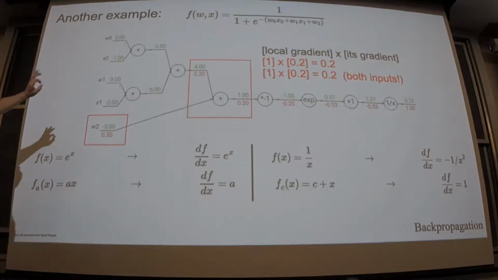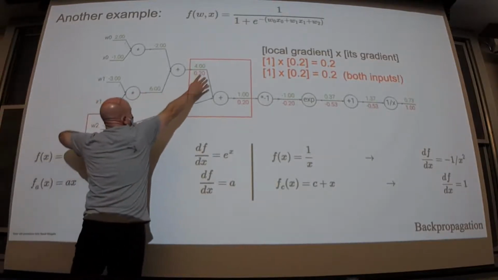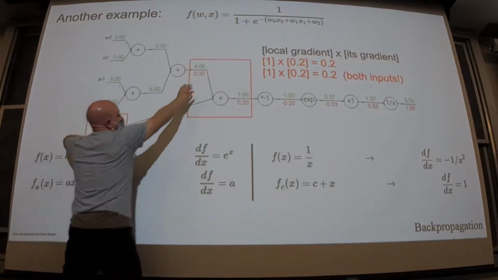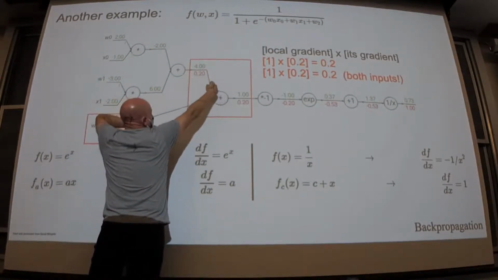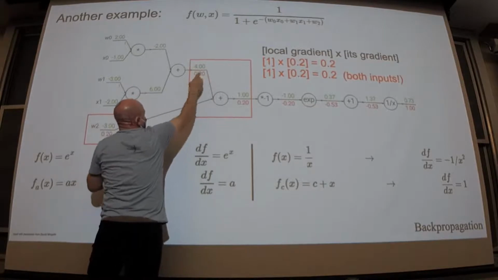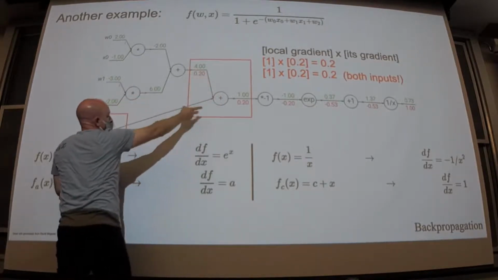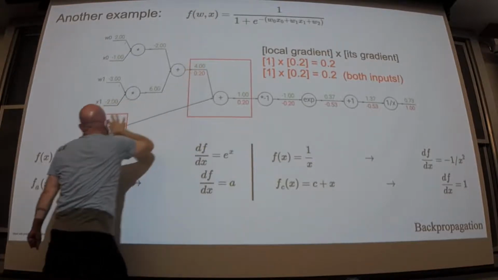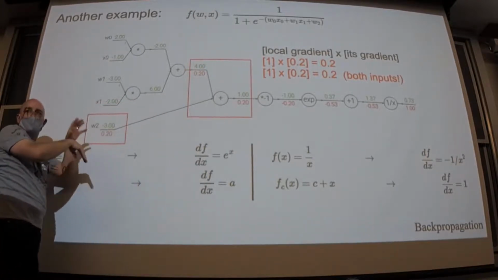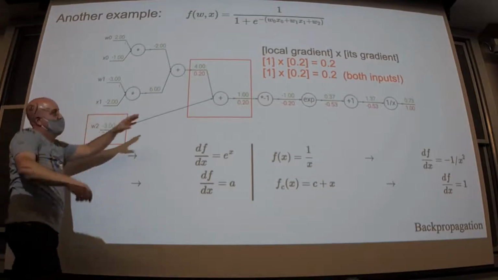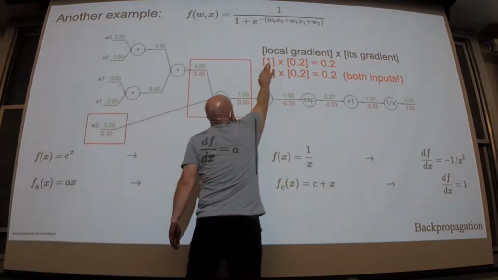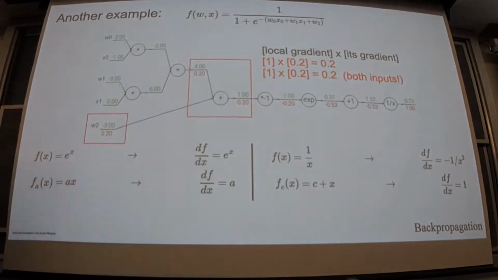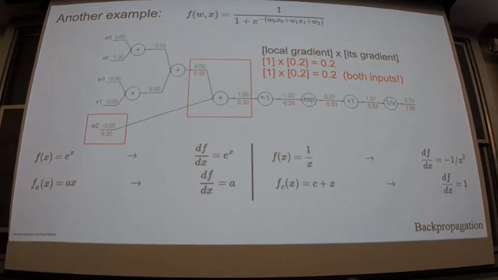Think of this as B plus W2. So I take the derivative with respect to B, I have a 1 here, and then this is a constant, so it's a 0. So I have a 1 plus 0 is 1, and that's why this is showing 1 right there. And then I backpropagate the 0.2. So I have a 1 times 0.2, I get 0.2.